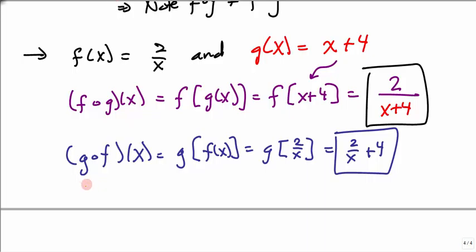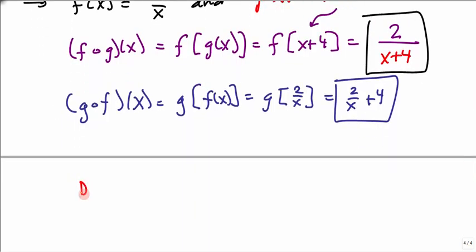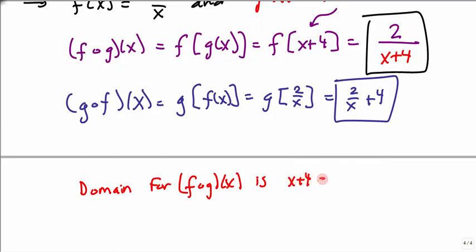So the domain for this problem, we can see pretty clearly here that x cannot equal 0, so we'd have to be very, very careful of that. And then we can also see from this piece that x cannot equal -4. So for this problem, at the very top, the f of g of x, we'll start a new line here, so domain for f of g of x is, okay, so for our domain here, we can see x plus 4 cannot equal 0, and we'd subtract 4 from both sides.